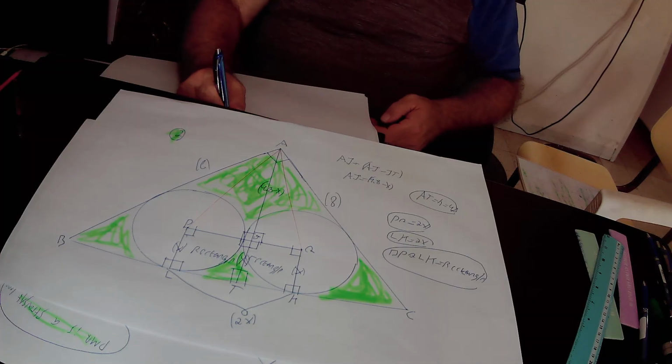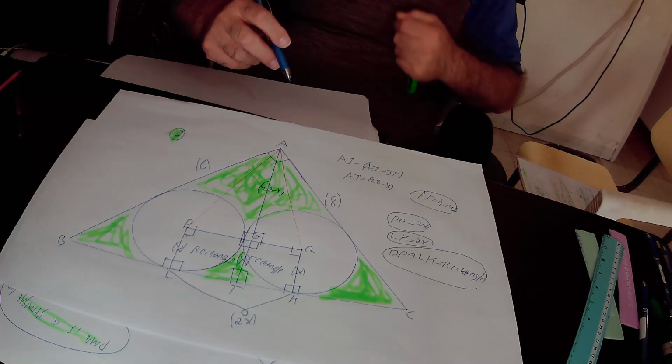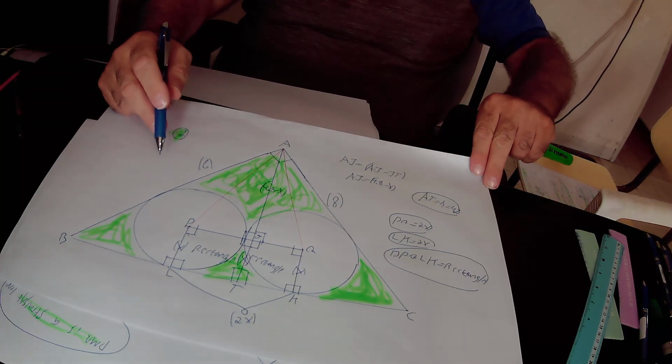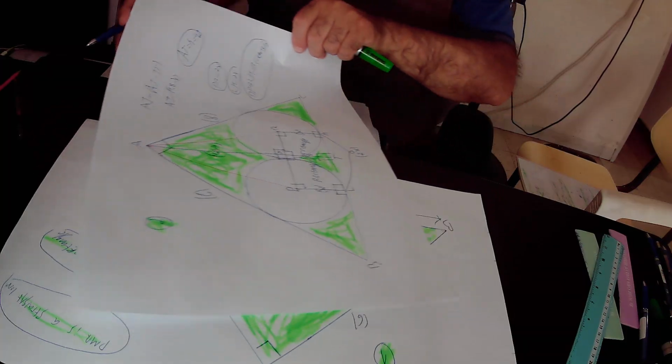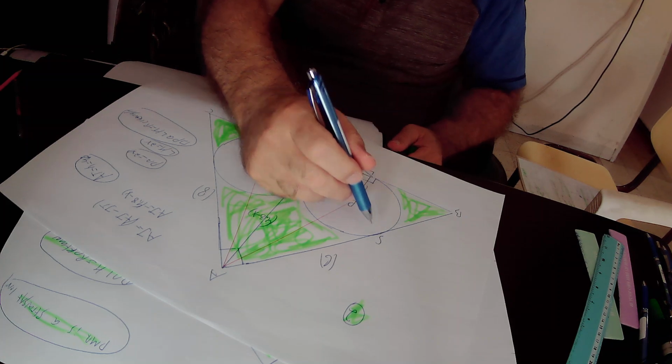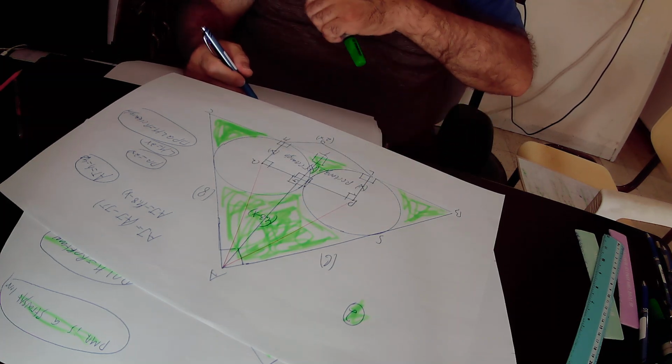In the next step, we define the point of tangency of tangent AB with this circle. This point is point S. And we join points P and S together by a straight line.